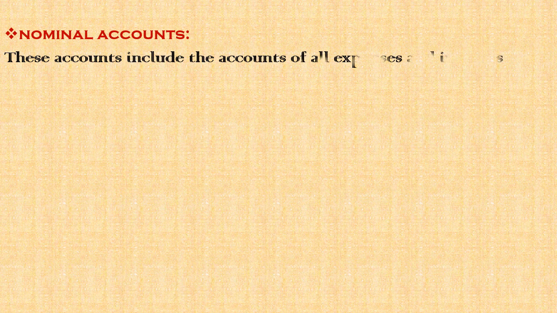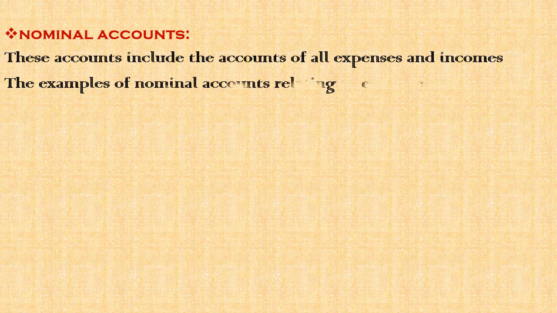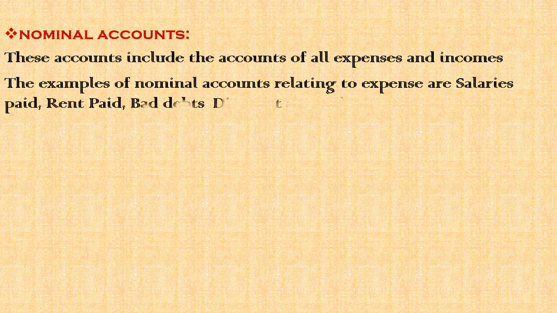Next we have nominal accounts. These include the accounts of all expenses and incomes. The examples of nominal accounts relating to expenses are salary paid, rent paid, bad debts, discount allowed, etc. Expenses like salary paid, rent paid, commission paid, bonus paid, bad debts.